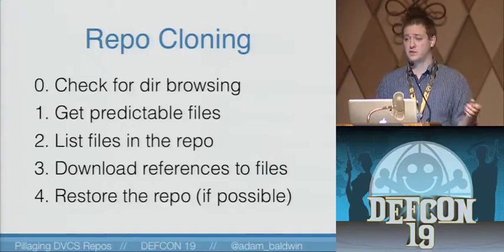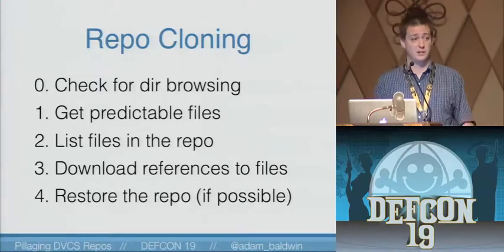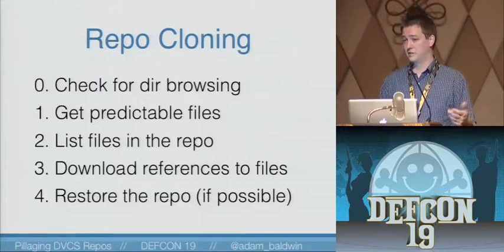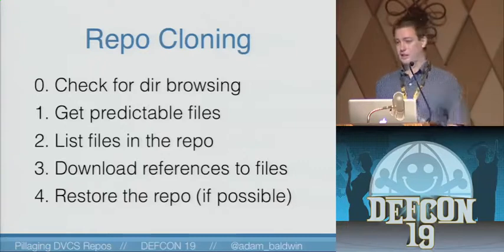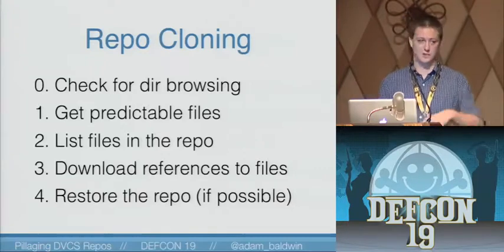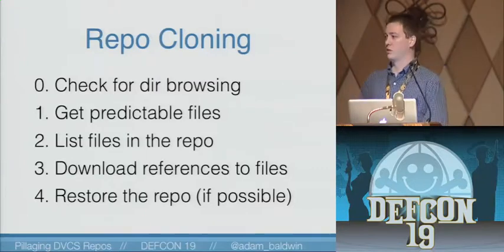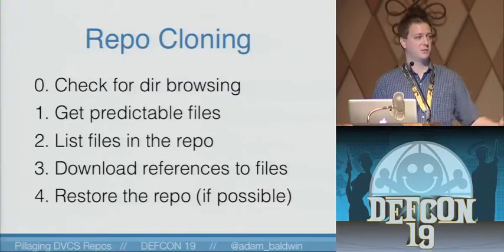First thing you need to do is check for directory browsing. If directory browsing is enabled on the site, it's game over. You can simply wget the .git directory and then restore the repository. git reset --hard, and then you've got your contents. You've got the source code, you get the entire tree. If that doesn't work, barring that, we need to get the predictable files.